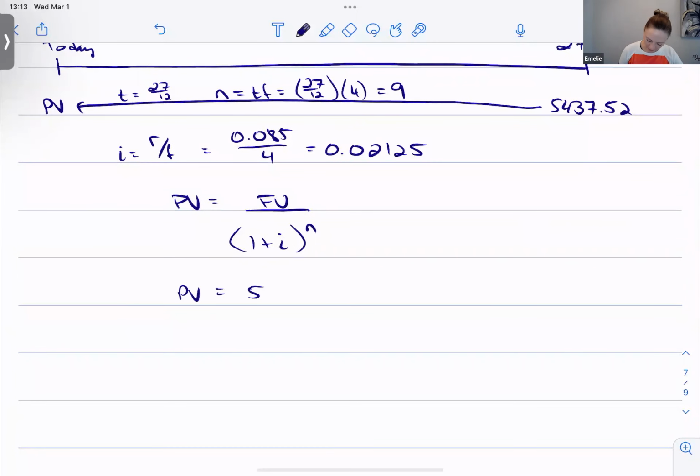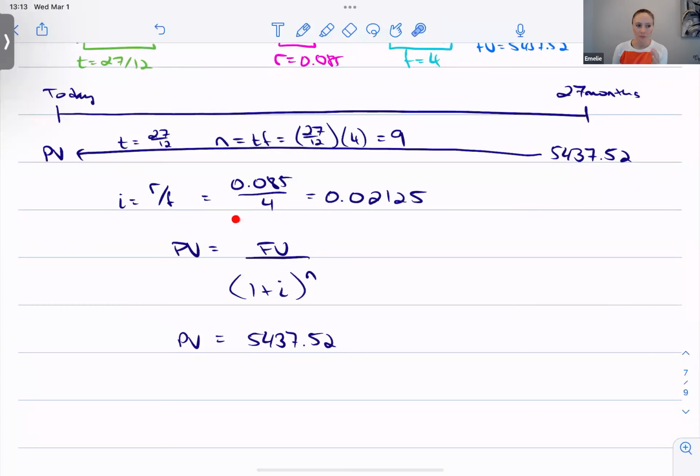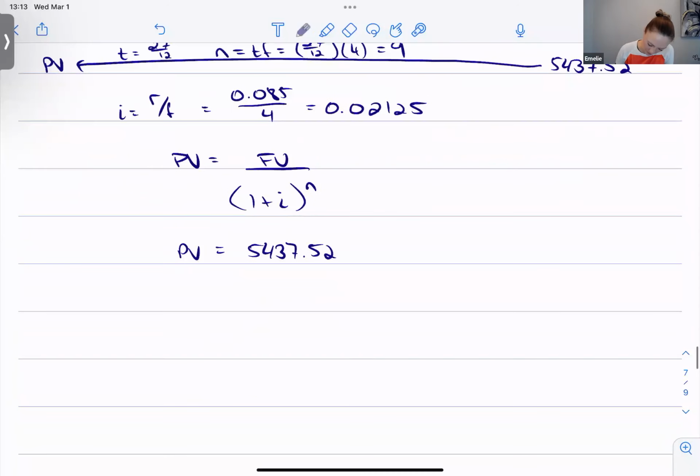The future value is 5,437.52. So what I want you to recognize is that once you have all this information, it's really just a matter of plugging in values and using your calculator properly. It's nothing hard after that point. Outlining all this stuff on your timeline, that's hard, right? But not the calculation itself.